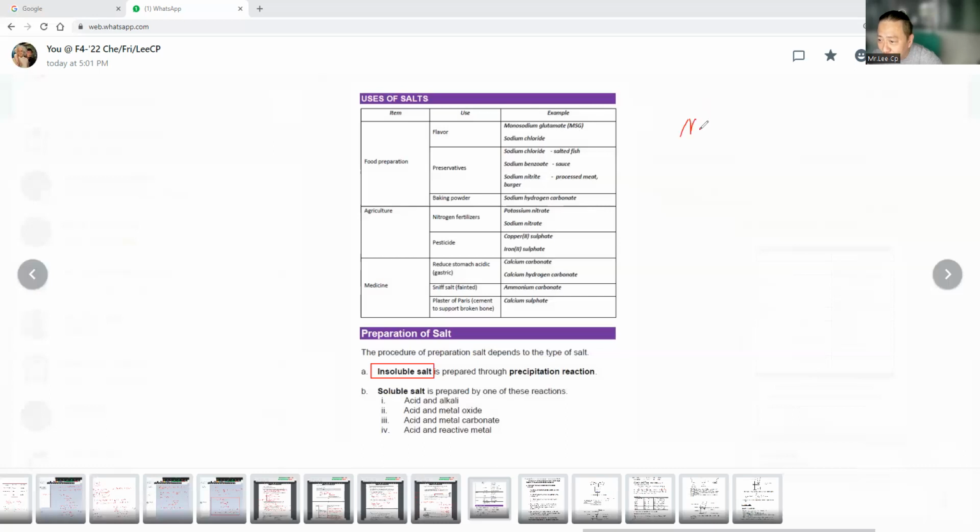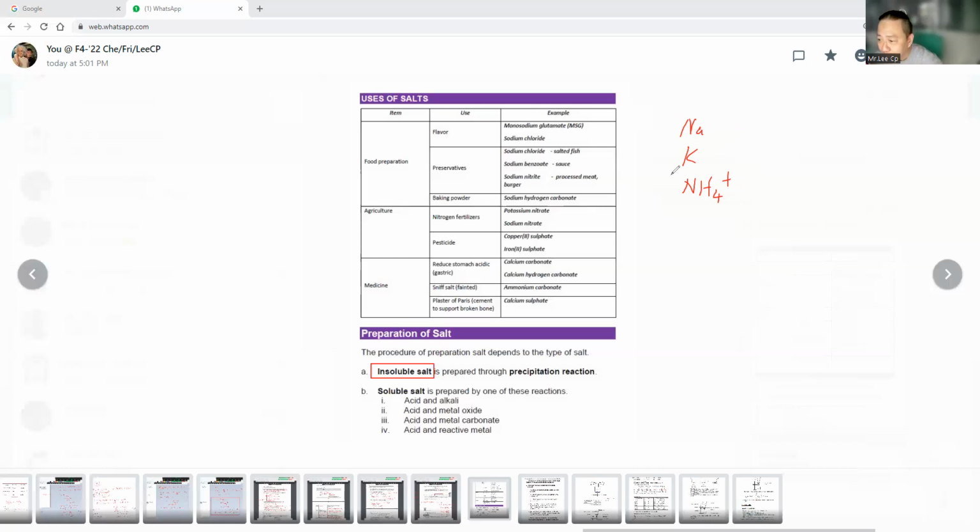Sodium soluble, potassium soluble, all sodium, potassium, and nitrate, NH4 plus, all soluble. So there will not be any precipitation, meaning that if you mix them, they will not form a salt.